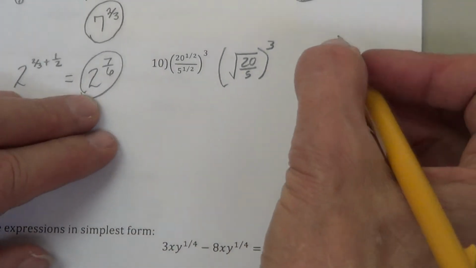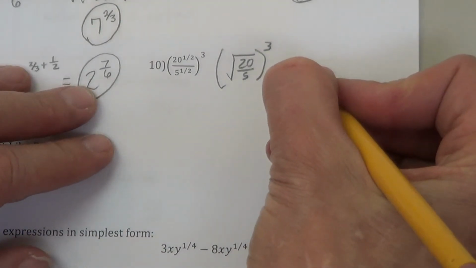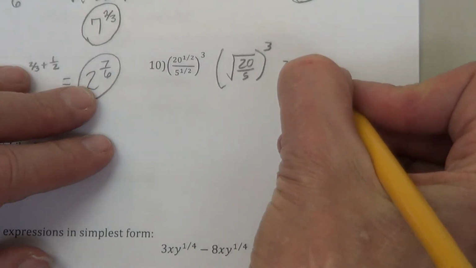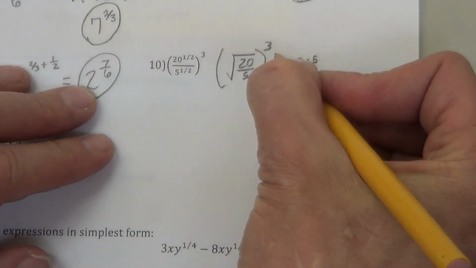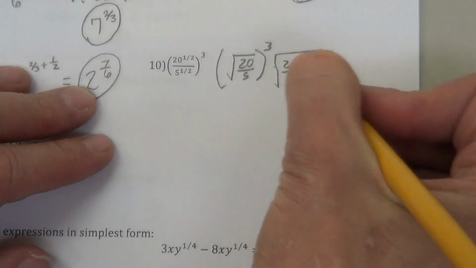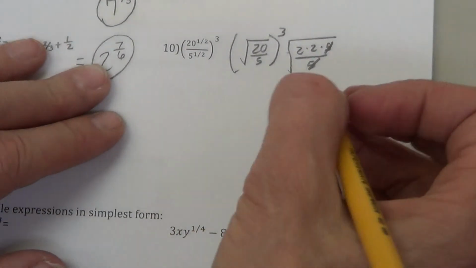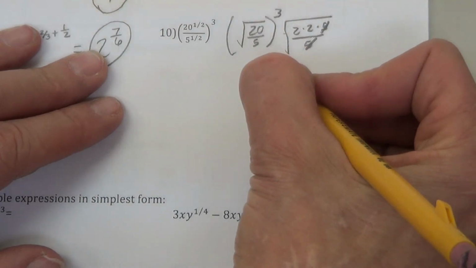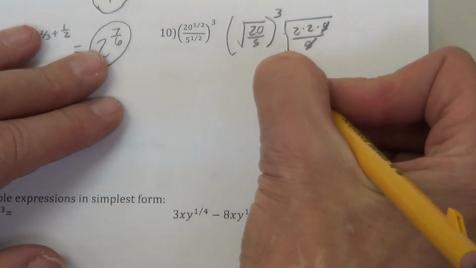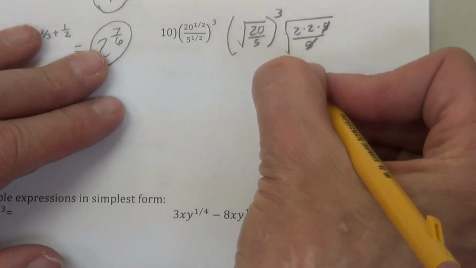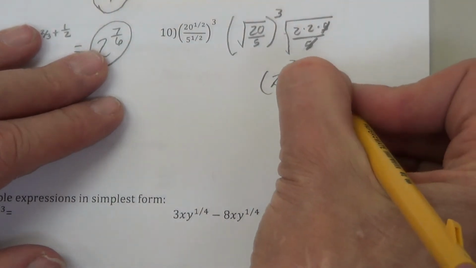Now you can take that 20 and break it down. It would be 2 times 2 times 5 over 5. That's how we can reduce those. So we end up with the square root of 4. Square root of 4 is 2. Raised to the cube would be 8.